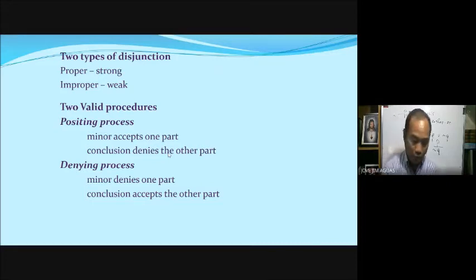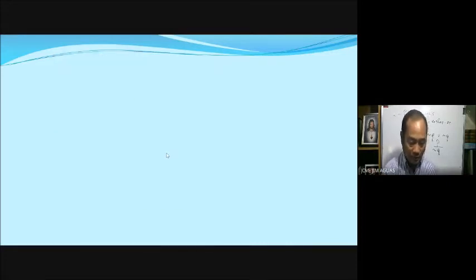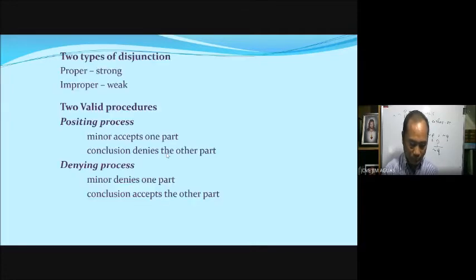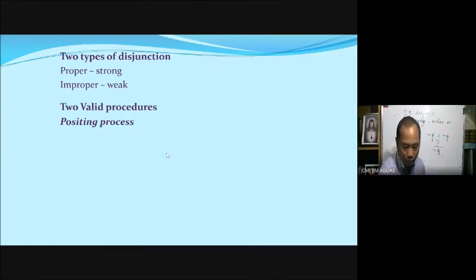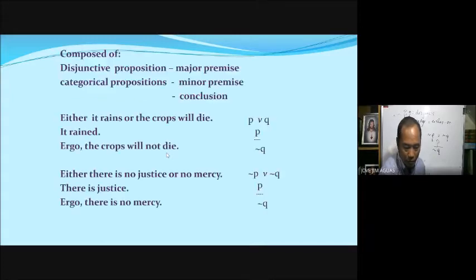Let's have some examples. We go back to the example we had before: either it rains or the crops will die.